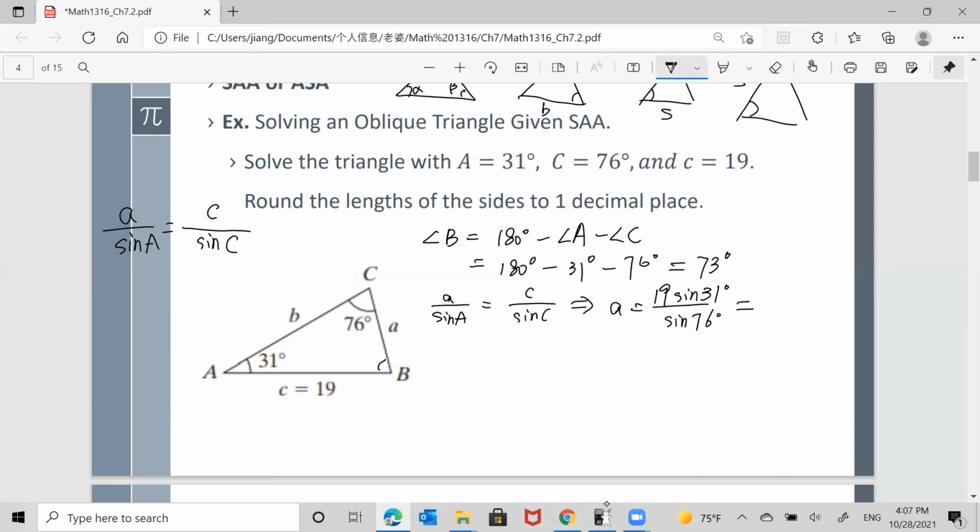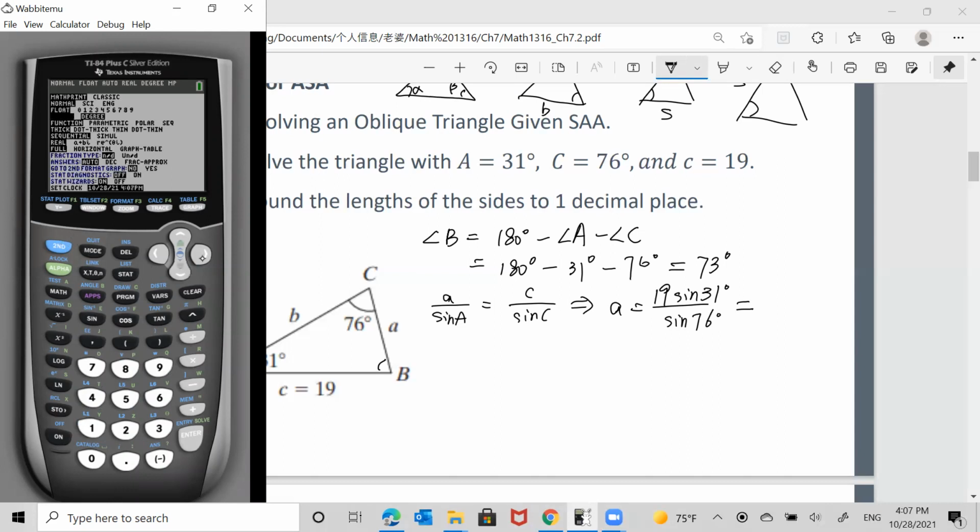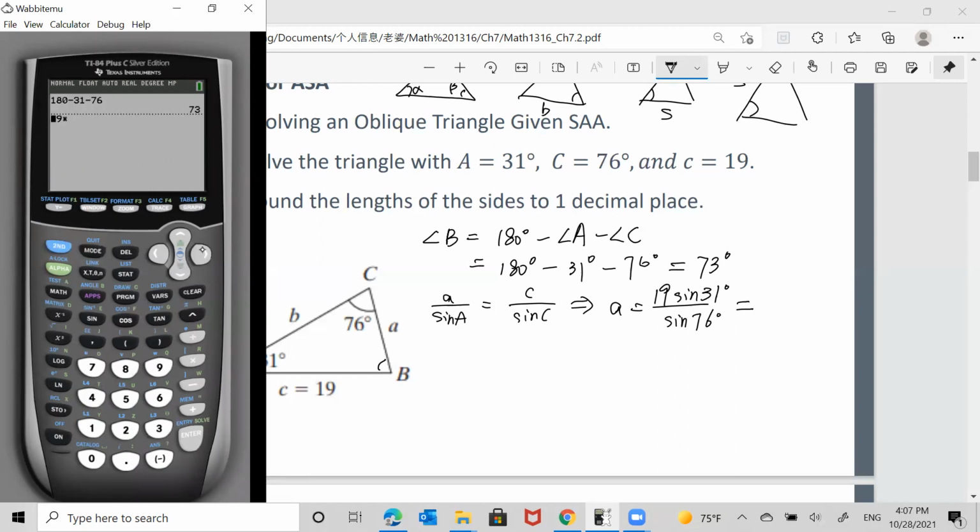Then use the calculator to find the result. Make sure the mode is degree mode: click mode, highlight degree, hit enter, then second mode to get out.